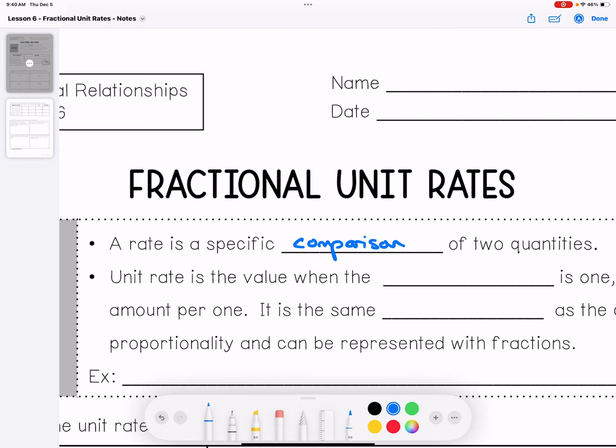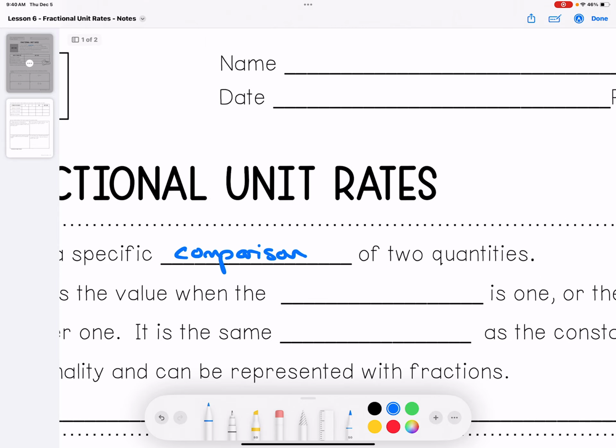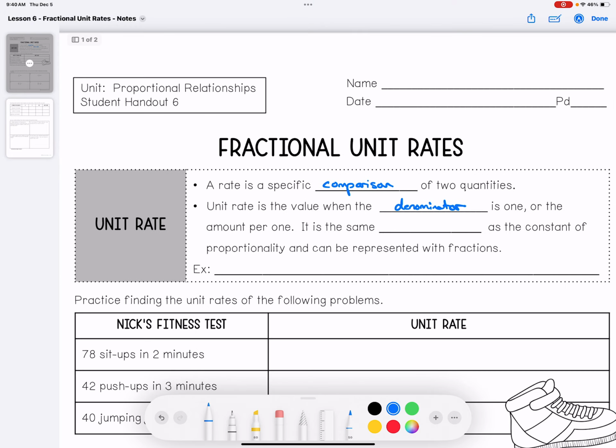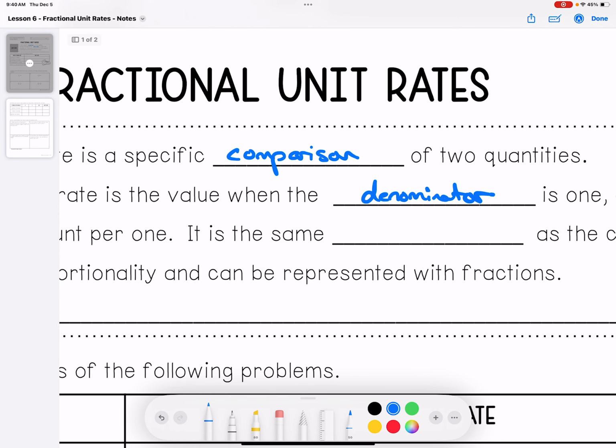Unit rate is the value when the denominator is 1, or the amount per 1. 60 miles per hour, that's a unit rate because it's per 1 hour. It is the same value as the constant of proportionality and can be represented with fractions.